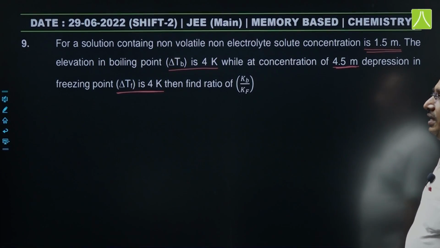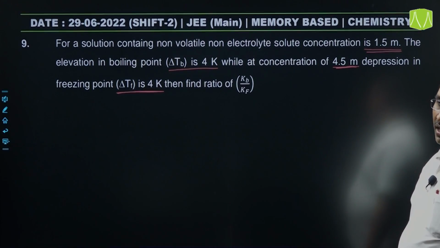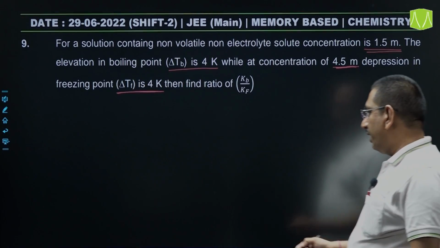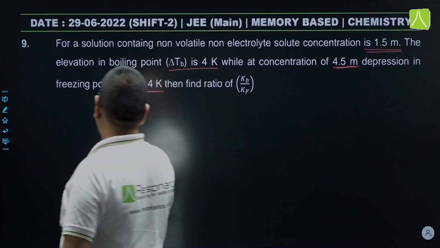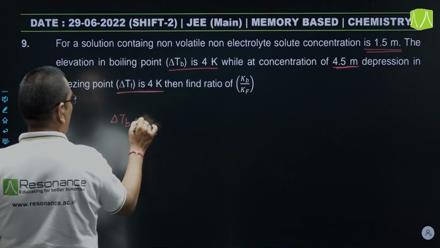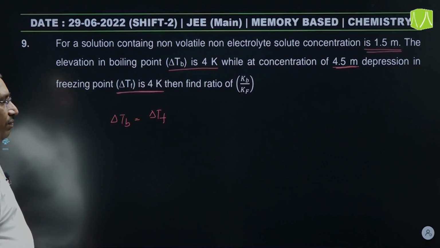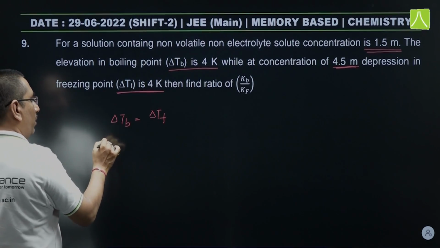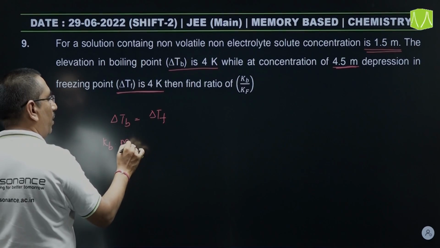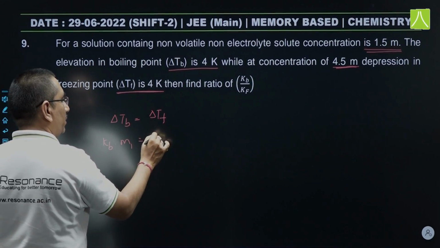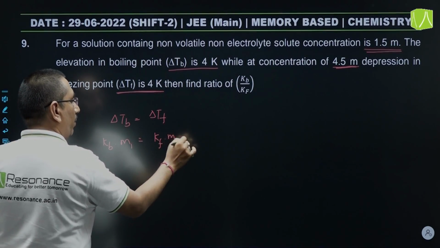So, यहाँ डेल्टा Tb और डेल्टा Tf दोनों बराबर ही हैं, 4 Kelvin, 4 Kelvin. Now, it is Kb into m1 and it is Kf into m2.